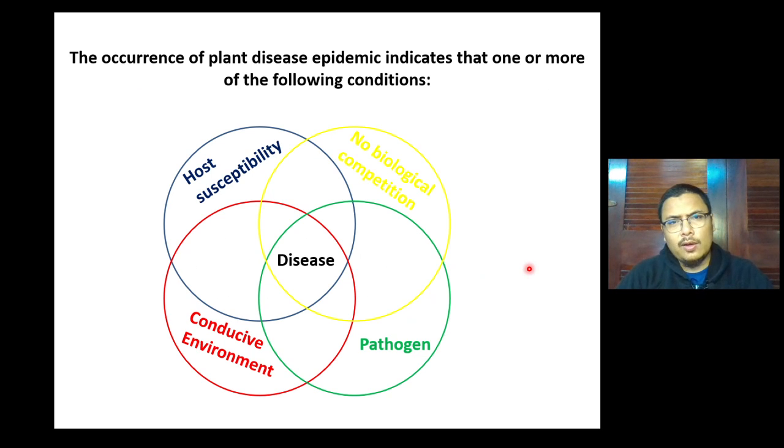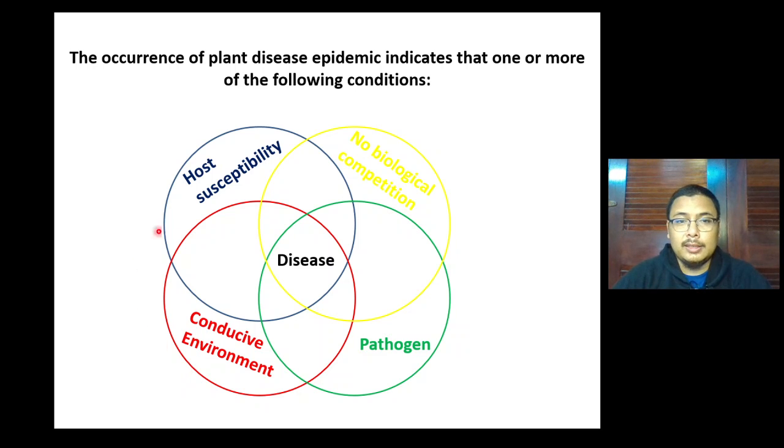The occurrence of a plant disease epidemic indicates that one or more of the following conditions exist. First, the pathogen is highly virulent or has a high inoculum density. Second, the soil environment itself or climatic conditions are more favorable for the pathogen than for the host.